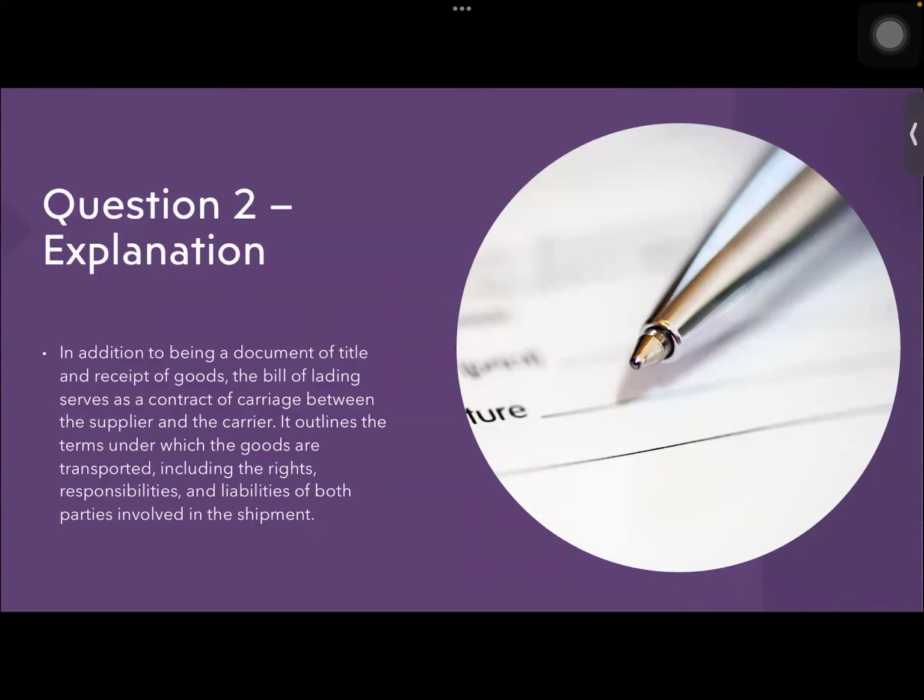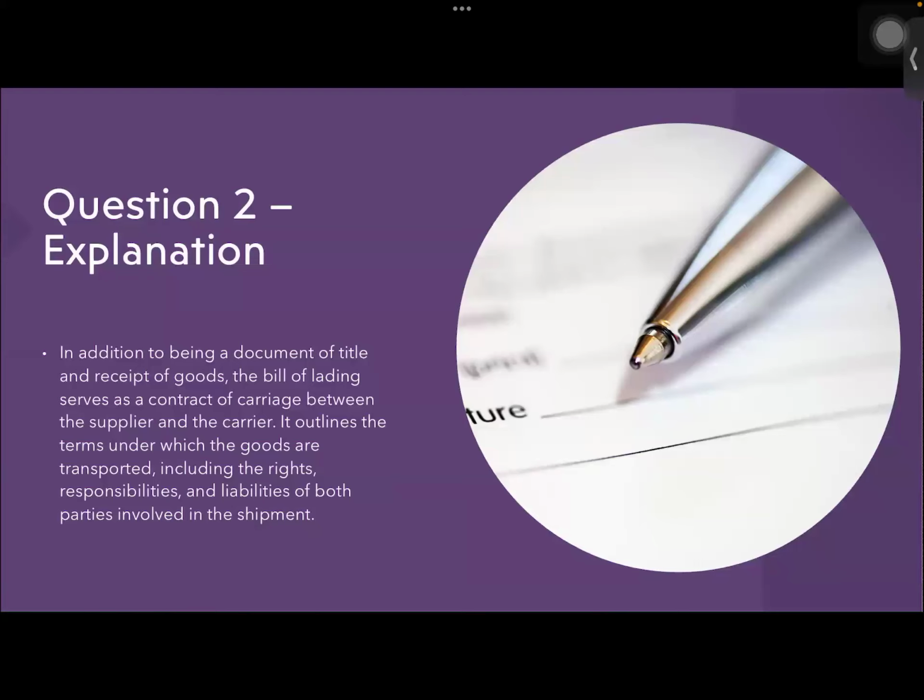Then when they go to any port, they can hand over that title to the buyer or anyone with the right documentation. Okay, so the bill of lading plays two roles, as you can see from this question.